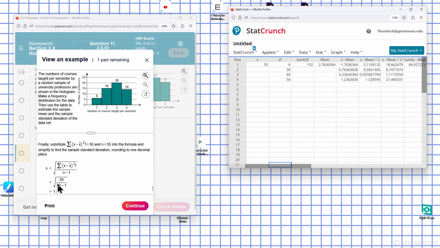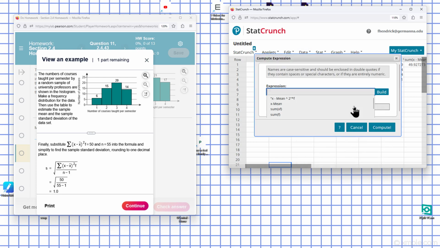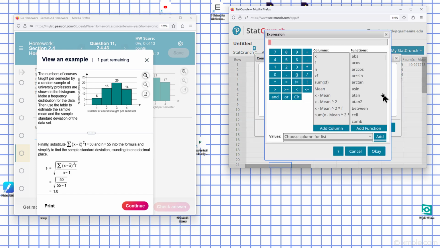And I have to divide that by 55 minus 1, which is 54. So data, compute expression, hit build.